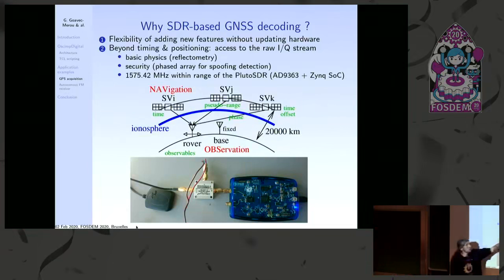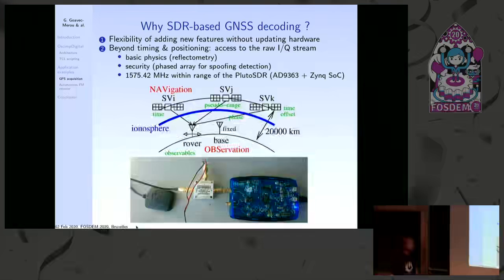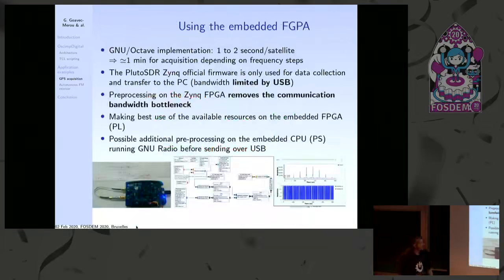We have a satellite constellation with the same carrier frequency, but with a Doppler shift, and each satellite has a unique PRN code. But when you use the Pluto SDR with the stock firmware, finally the Pluto SDR does quite nothing. Receive data, transmit data, and that's all.